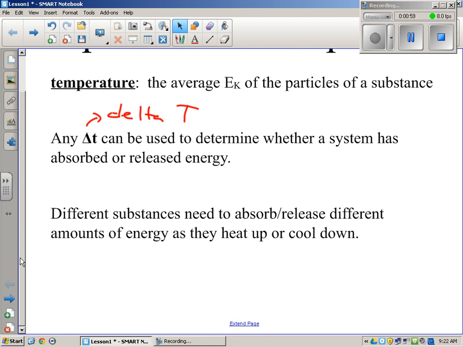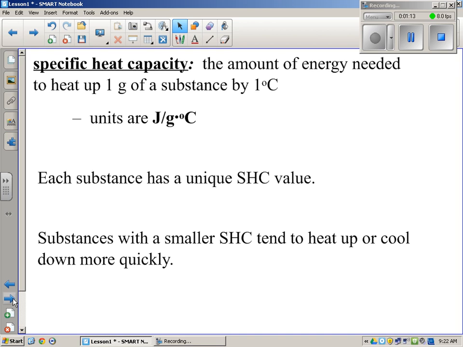So, for example, a piece of aluminum is not going to heat up or cool down at the same rate as a piece of tin, or a piece of copper. So we need to look at what those different heats are. That's what we're going to look at in the first lesson here.